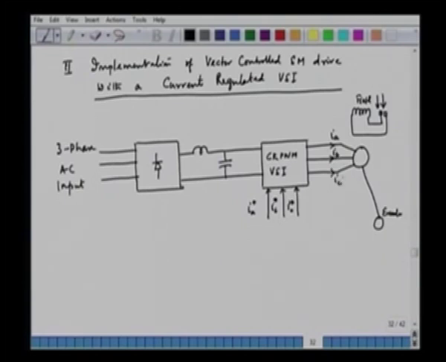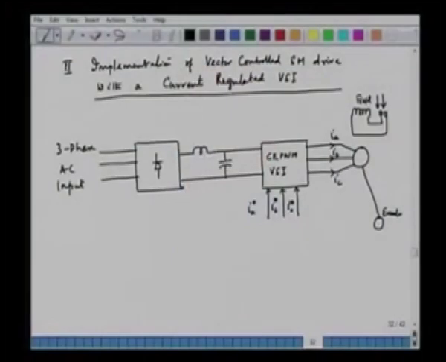The inverter injects this IA, IB, IC in such a way that they are close to IA star, IB star, IC star. So, this adopts the hysteresis current control to control the 3 currents of the 3 phases A, B, C in such a way that the currents follow their reference value very closely.